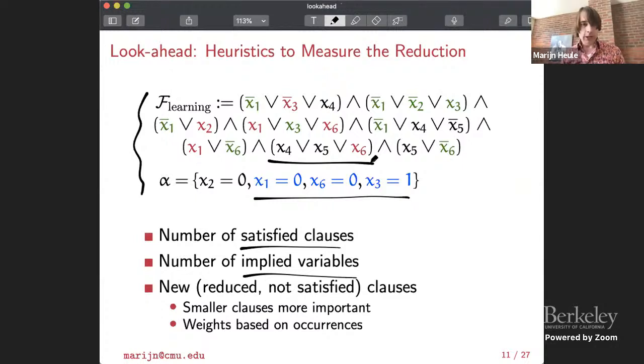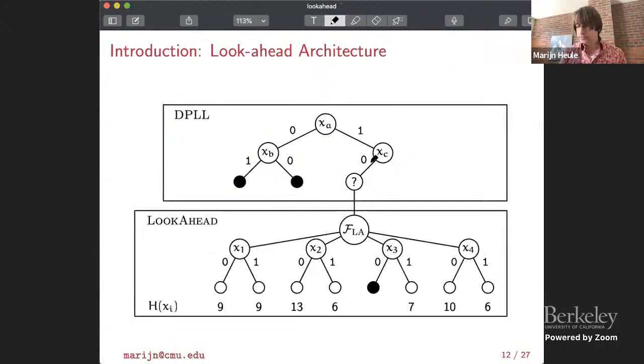What you do in look ahead typically is count the number of reduced clauses and then make the shorter clauses more important. You also put a lot of weights in there, and the weights you can maybe view as the probability that a random assignment would satisfy the reduced clauses. This heuristic is now used in most of the state-of-the-art solvers. You do some weighing of the reduced clauses.